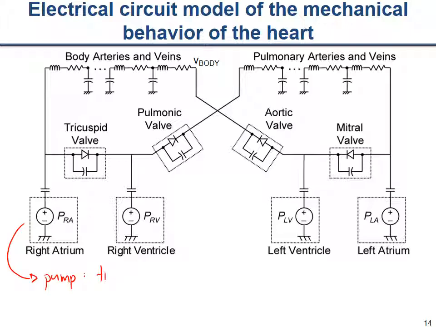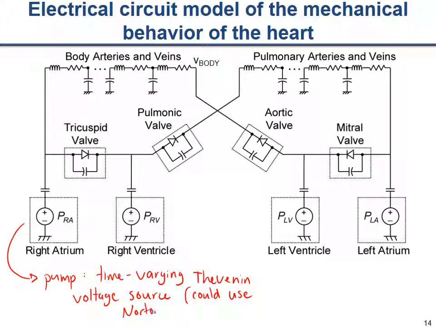Well, we can say it's a time-varying Thevenin voltage source. We could use a Norton equivalent source if we really wanted to as well; it depends on how we want to structure our analogy. Each of the atria is represented by some time-varying voltage source applying a pumping voltage.